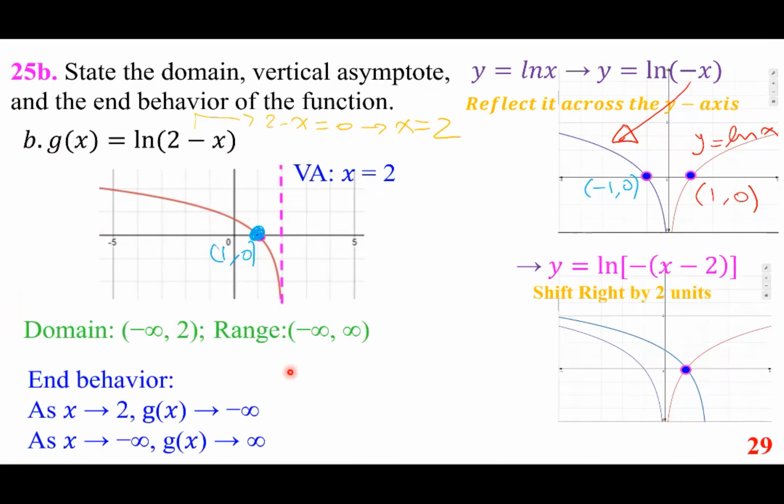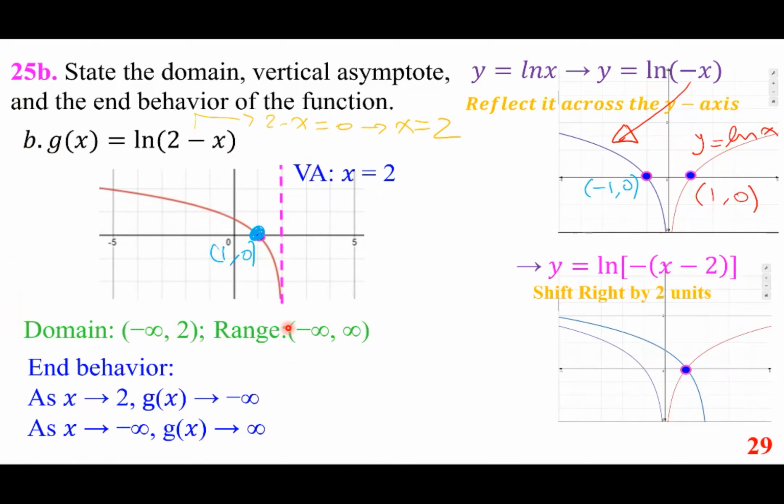So we write: when we get closer and closer to 2 from the left, g of x, the y coordinate if you will, goes to negative infinity, whereas when we move that way, this is moving up, so the y coordinate goes to infinity. It's important to distinguish between x and y, where g of x or f of x or h of x represent the y coordinate in essence.